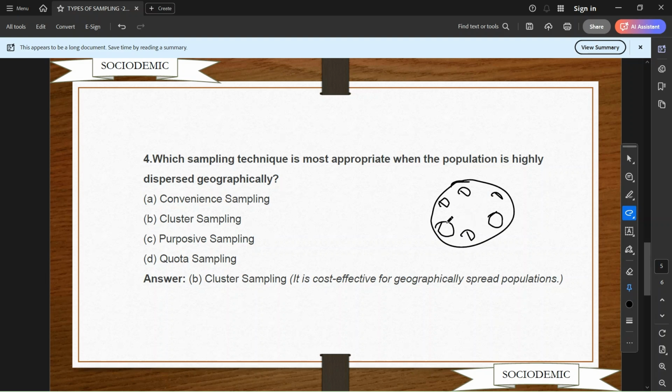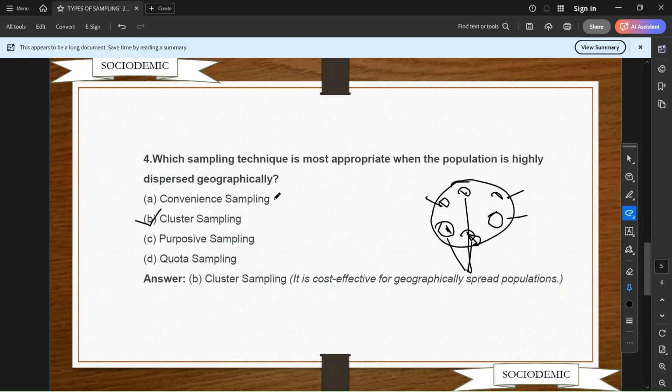So in that case we may follow cluster sampling. Already there is a cluster, we may select this cluster, this cluster, and we may omit this one maybe. It depends on the research objective. So already it is divided into clusters, so we may pick cluster number 1, number 2, number 3. That is called cluster sampling.